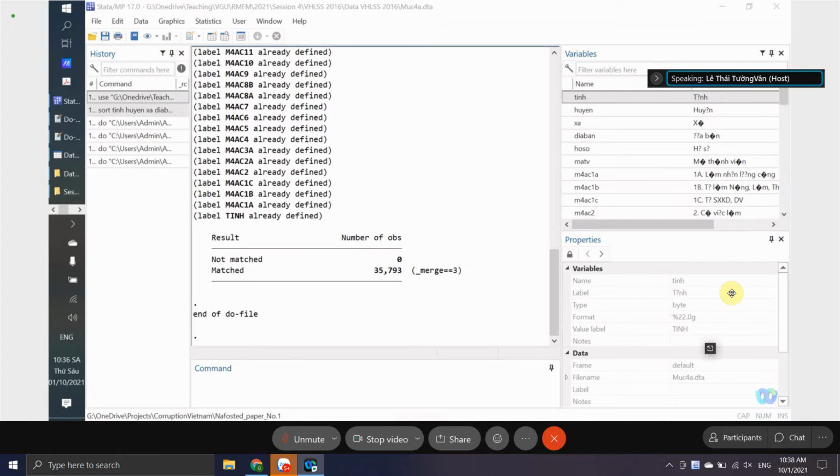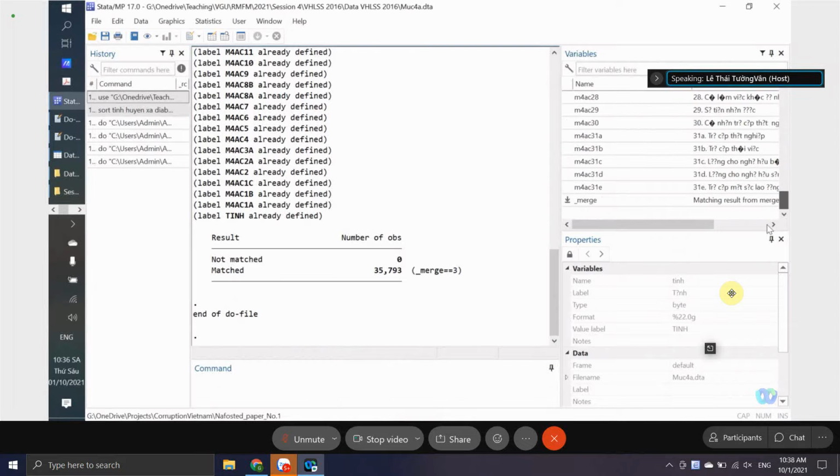So now, can you please scroll down to the bottom of your variable list? And there is a new variable, underscore merge. This variable contains the information about the merging results.